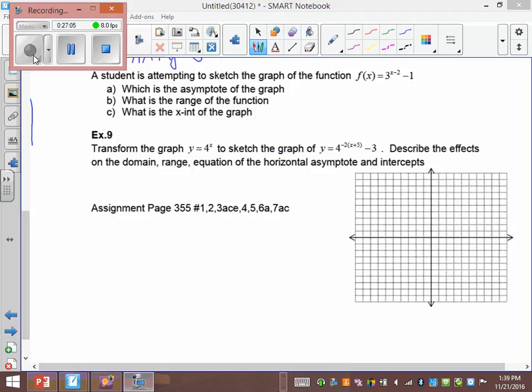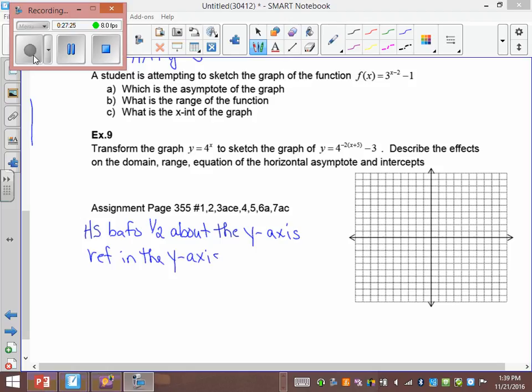You're going to have a horizontal stretch by a factor of a half about the y, a reflection in the y, a vertical translation 3 down because it's not with the y, so you keep it, and a horizontal translation 5 left because it's with the variable, so you flip it.